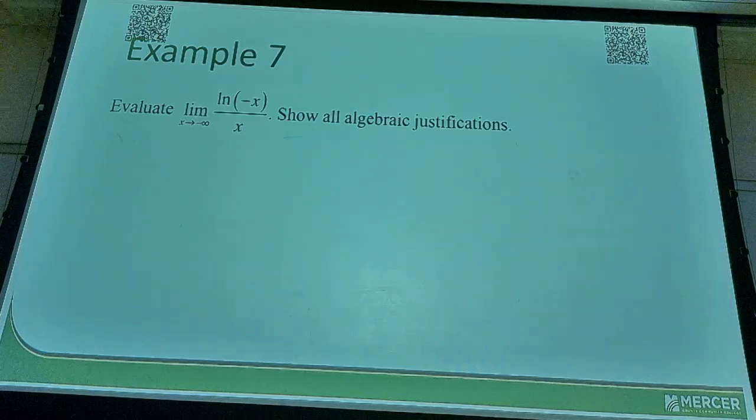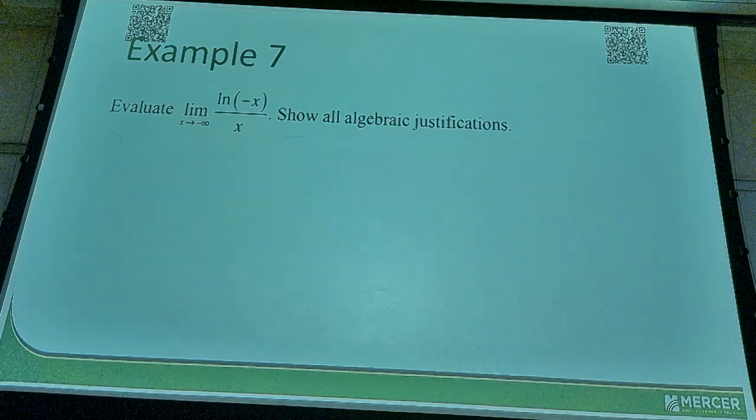X approaches negative infinity. Natural log of negative x over x. Again, something else you're going to have to get used to. The domain of log is positive numbers, right? Log of negative x is defined. It means your x's have to be negative.